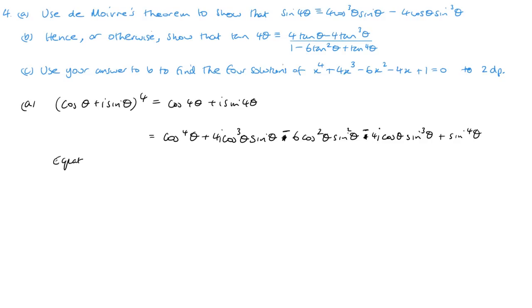Now we want to equate imaginary. Okay, so that means that i sine 4 theta is, if I take the i's outside, 4 cos cubed theta sine theta minus 4 cos theta sine cubed theta.